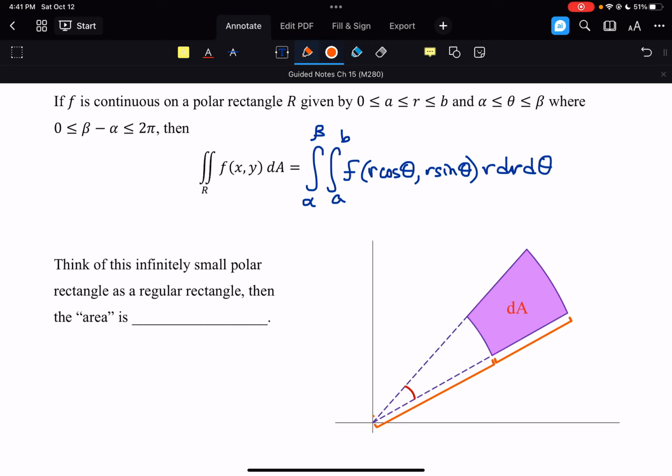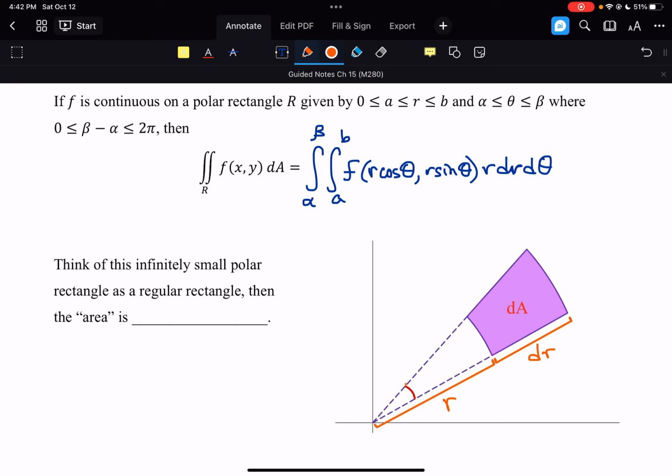This length from the origin to here is r, right? So this is just the radius of the innermost circle. This length right here, as we go from inner circle to outer circle, that would be the change in r as we go from here to here across the region. So that's dr. Okay, so again, that's the change in radius from the lower end to the upper end, right? Inner circle to outer circle.